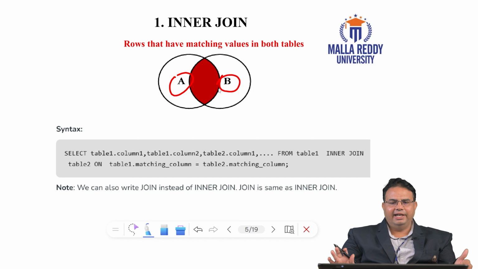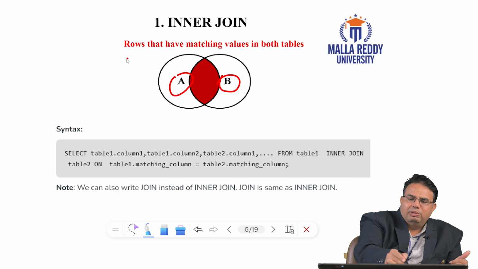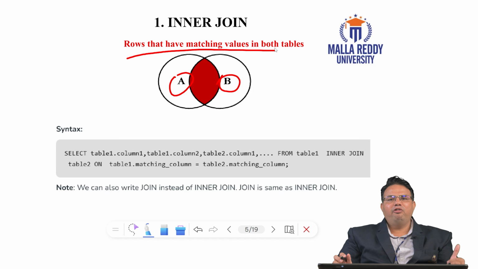To be specific, rows that have matching values in both tables, table A and table B, wherever you have matching values, those values are going to be displayed by means of this inner join. Then moving to syntax. I told you that basic SQL query knowledge is a prerequisite.